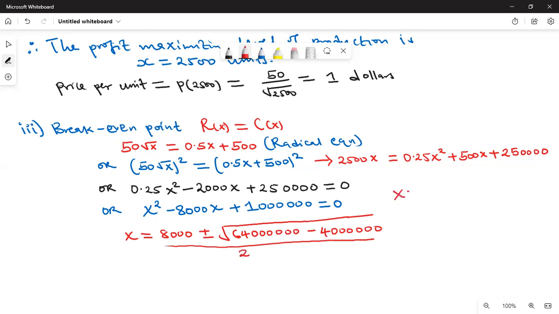The formula is x is equal to negative b plus or minus the square root of b squared minus 4ac, everything over 2a. That's what I've used. So 64 million minus 4 million will give us 60 million. So that is the square root of 60 million.